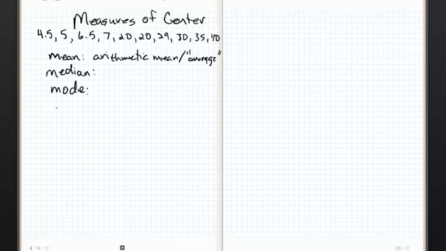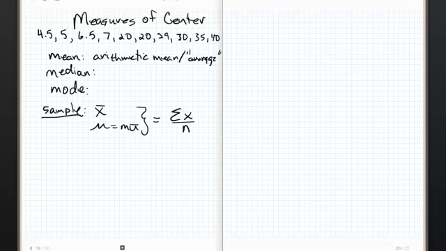Okay, so let's go ahead and talk about the mean. First thing we need is the notation. The mean for a sample is referred to as x bar. If we're talking about a population, it's mu, okay? And this is referred to not as moo like a cow, but mu. Either way, if I'm looking at a sample or if I'm looking at a population, this is equal to the sum of the data values divided by the number in the set, okay?